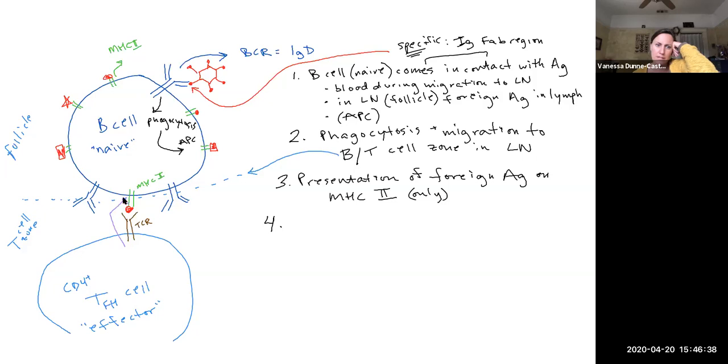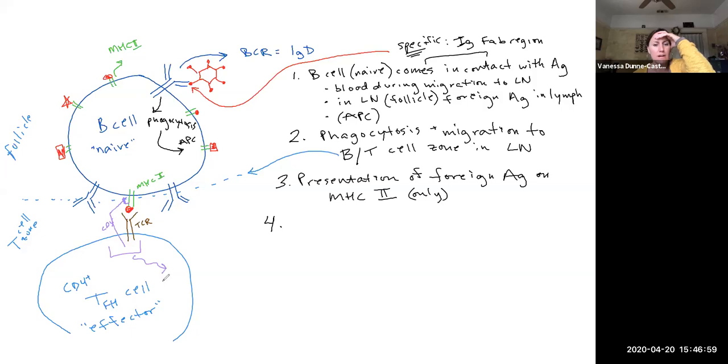So here's that CD4 co-receptor that binds and recognizes MHC class 2. Now, just as we talked about the last time, now that this is an effector cell, this is enough to activate this one.